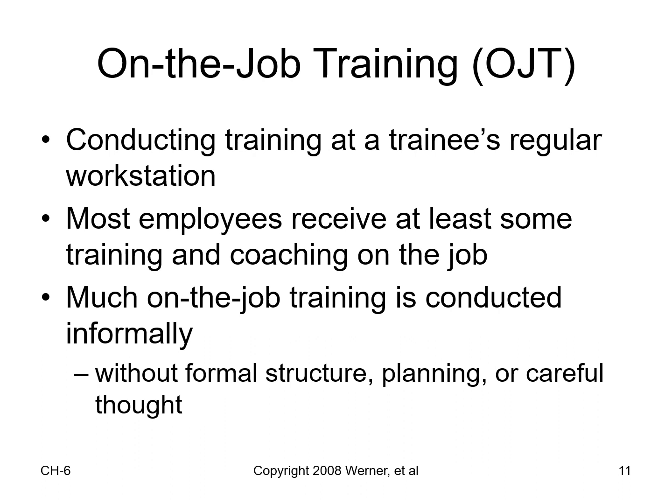And most, if not all, employees do receive some sort of on-the-job training and some sort of coaching while they are performing their jobs. What this slide is telling us is that much of OJT is actually conducted informally, meaning there is no formal structure, no careful planning or thought that went into it.